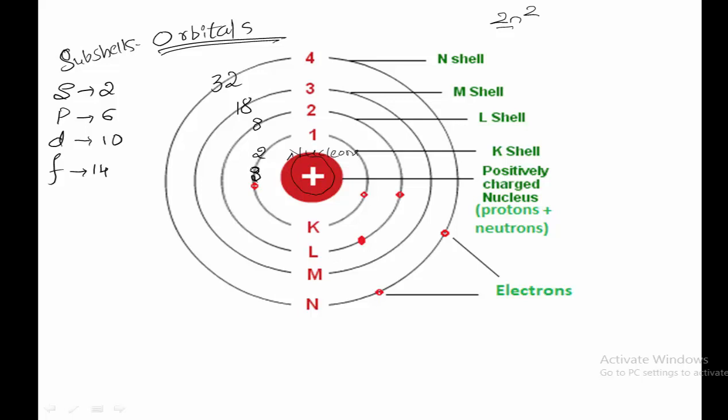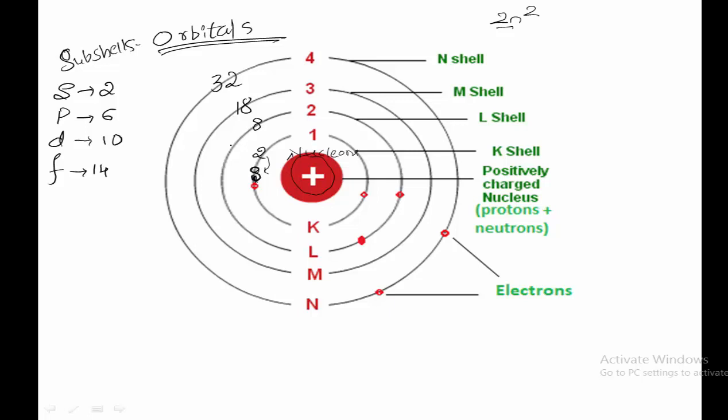Those 2 electrons will get occupied in the S subshell, and thus in the first shell we will find only the S subshell, because the maximum electrons present will be 2 in the first orbit or first shell. And in the second shell there is a presence of 8 electrons.